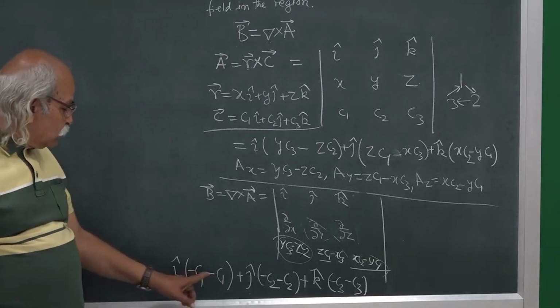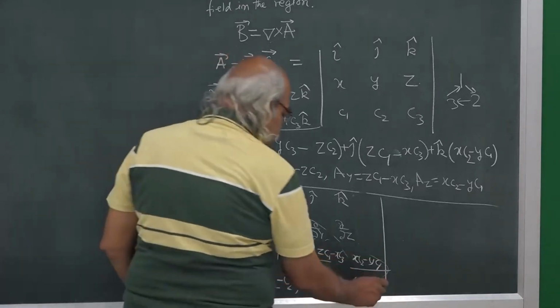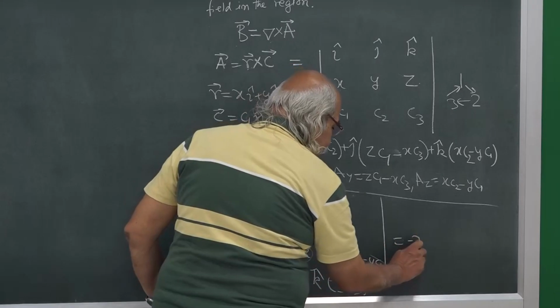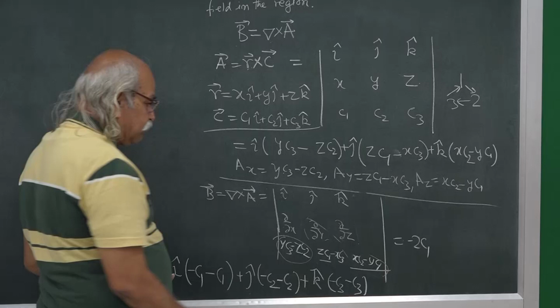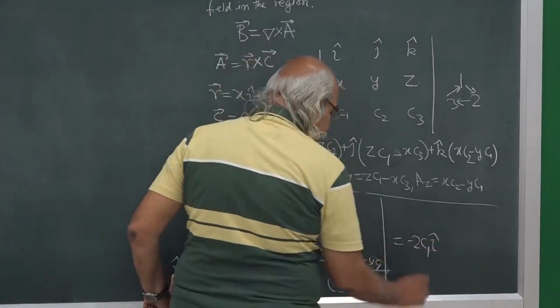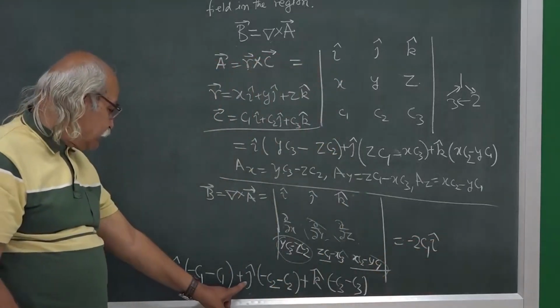This is minus 2 C1, see, minus 2 C1 i cap, and then what is j cap?